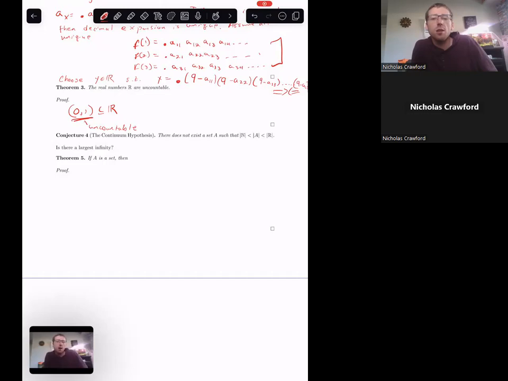Okay, the continuum hypothesis wants to know, is there some infinity between the natural numbers and the real numbers, right? The real numbers are uncountable, the natural numbers are countable. Is there an infinity that's in between there? Can we come up with a set that's in between? No one knows, right? Some people believe it, some people don't.